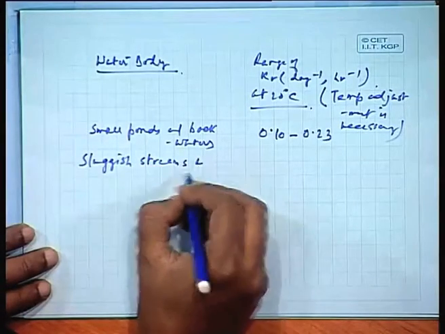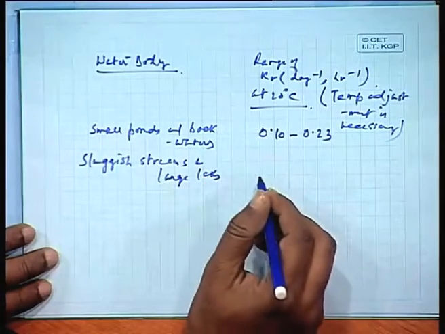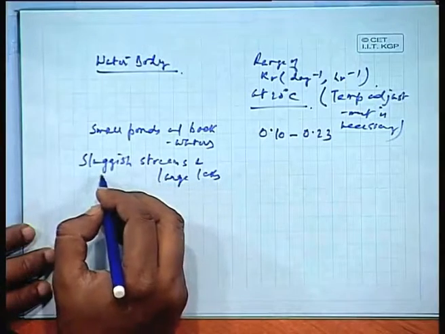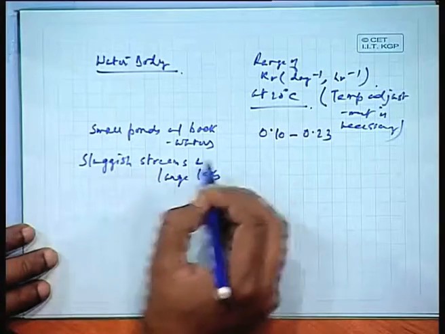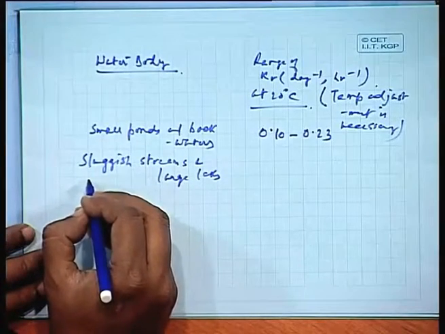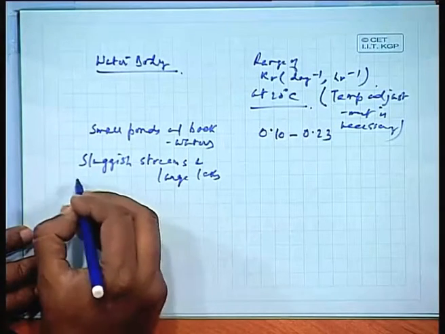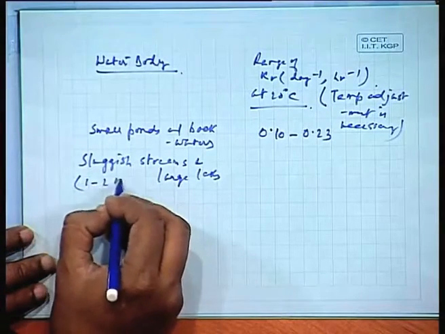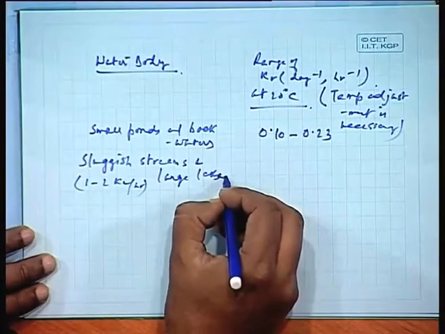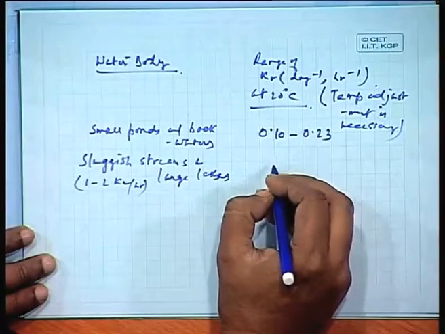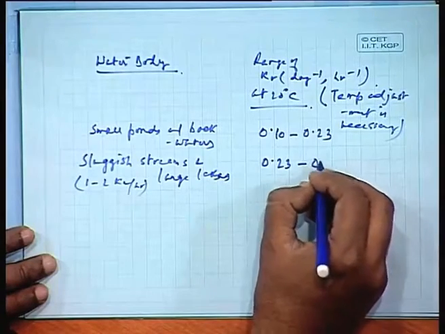Sluggish streams and large lakes. Sluggish streams have very little speed, say about 1 to 2 kilometer per hour velocity, and large lakes. You can see the value is about 0.23 to 0.35.